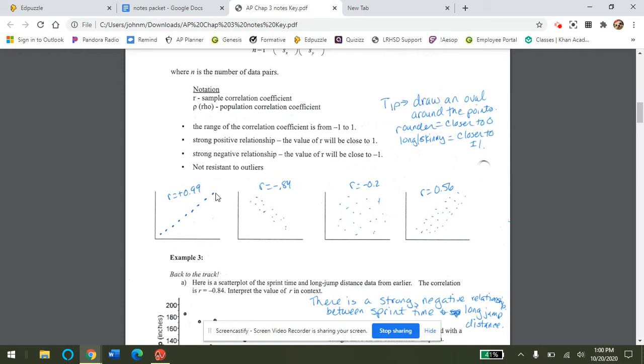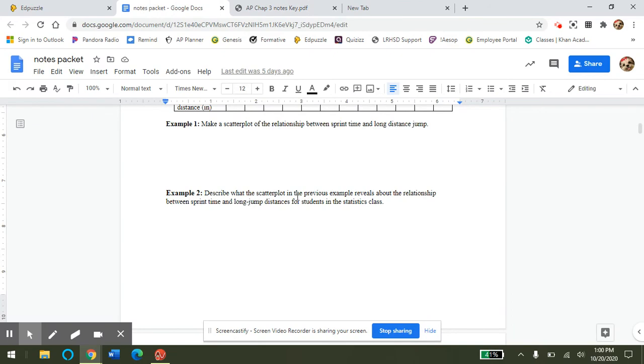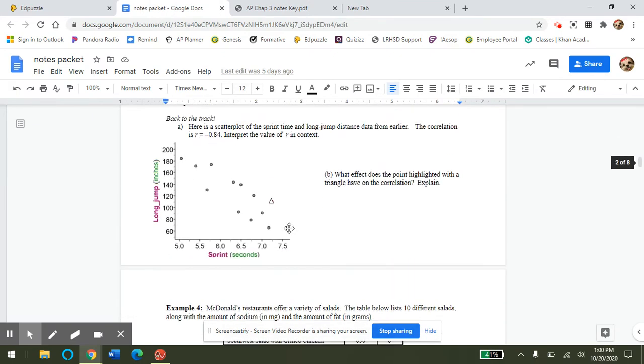Okay, so let's go back to the track example. If we have our scatter plot, your correlation coefficient is -0.84. Let's interpret the value of R in the context of the problem. One of the important things to note is that R, your correlation coefficient, only talks about the strength and the direction. R does not tell you if it's linear or not.